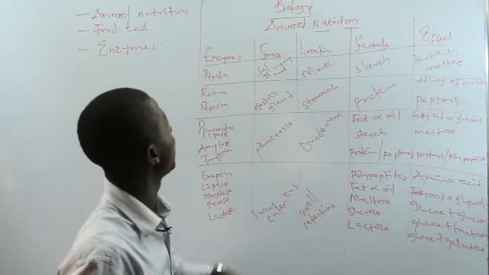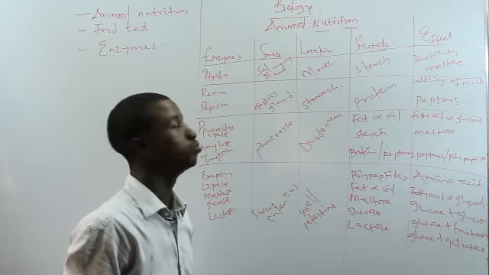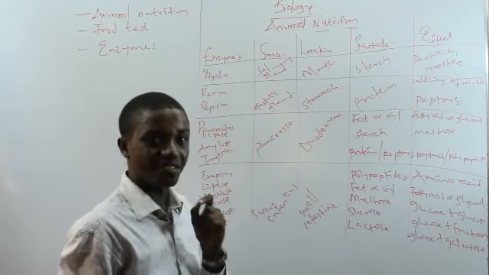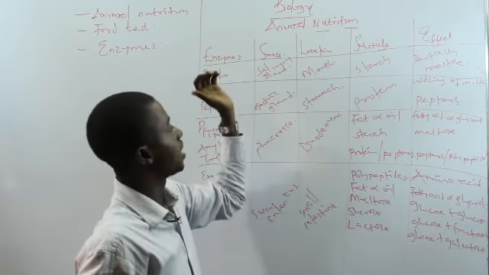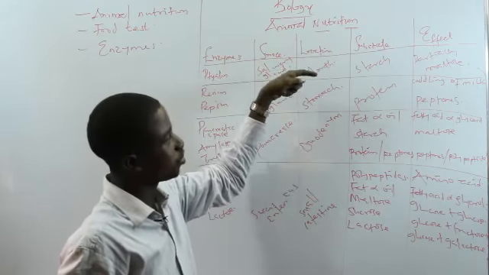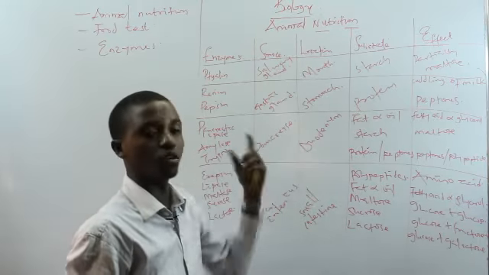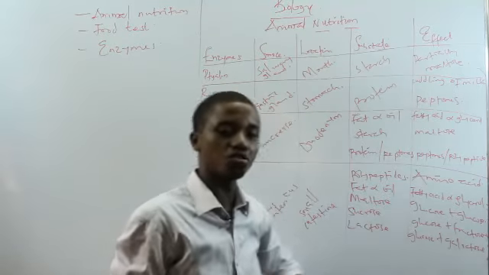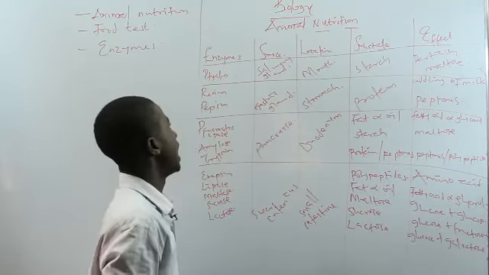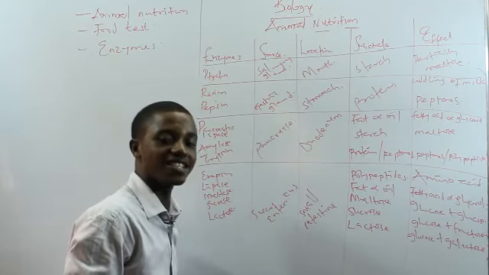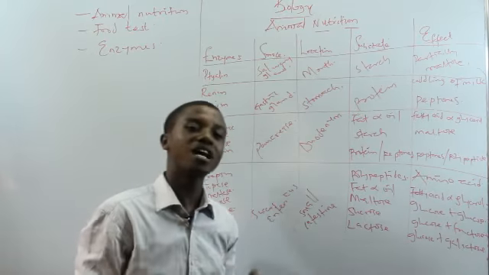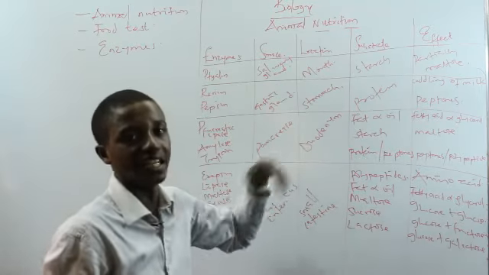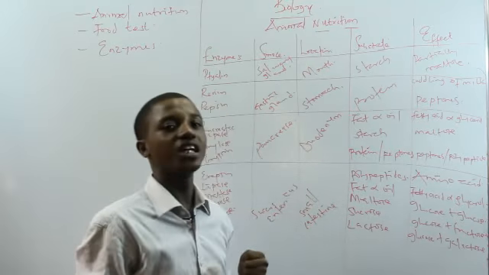Okay, so here on the board, it's a table showing the various types of digestive enzymes specifically, their sources, their locations, the substrates they act upon, and the end result or the effect of their actions upon those substrates. So we have the common enzyme. One of the notable enzymes that most people are familiar with is ptyalin. Ptyalin is found in the mouth.